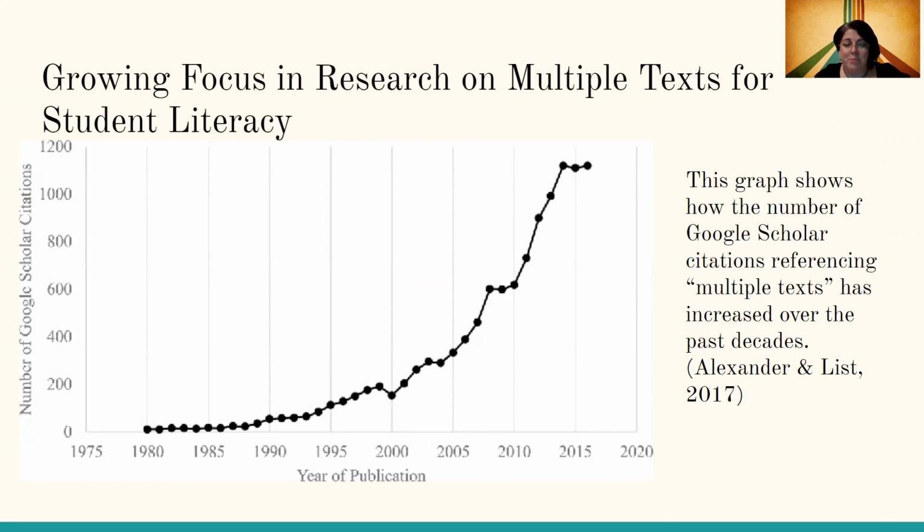We primarily used textbooks, and that's sort of reflected here. There wasn't a whole lot of discussion of how to use multiple texts together. But as you get closer and closer to today, there's a really dramatic increase in how much research is focusing on using multiple texts for student literacy. And that's a really good sign that that's starting to become more widespread in the educational community.